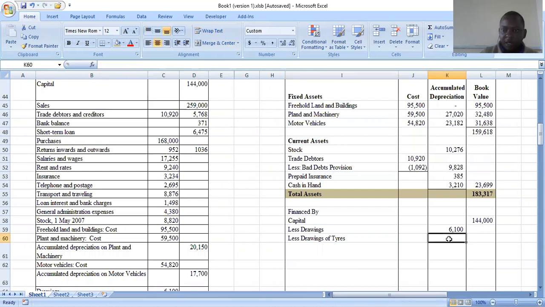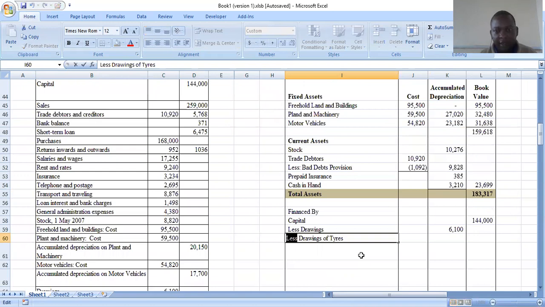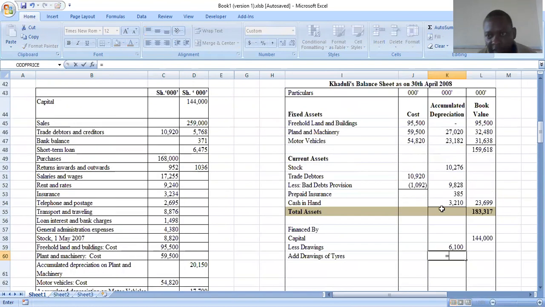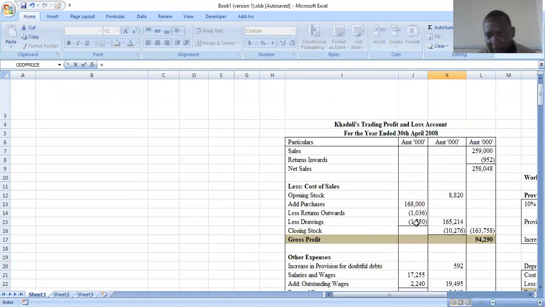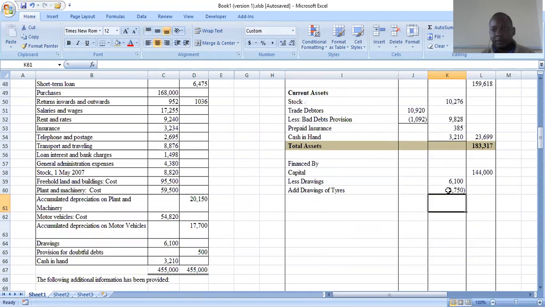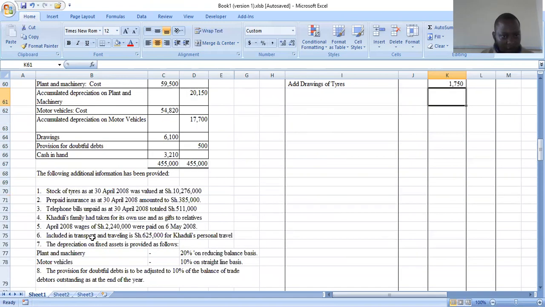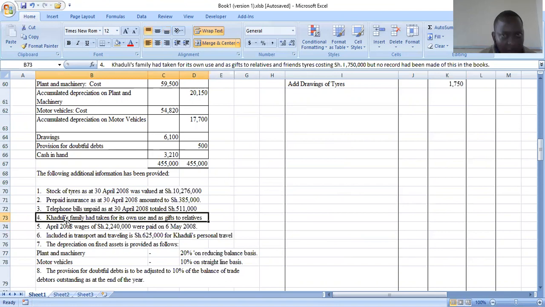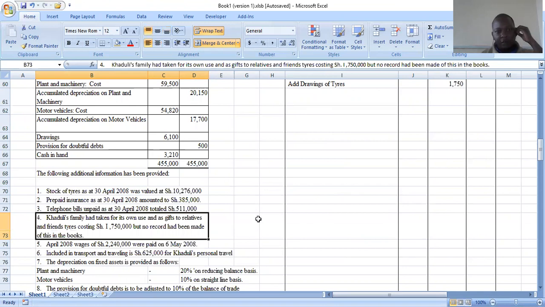So less drawings of... oh, this will not be deducted, but rather added. Drawings of tires is equal to 1750. We had the additional drawings of 1750.